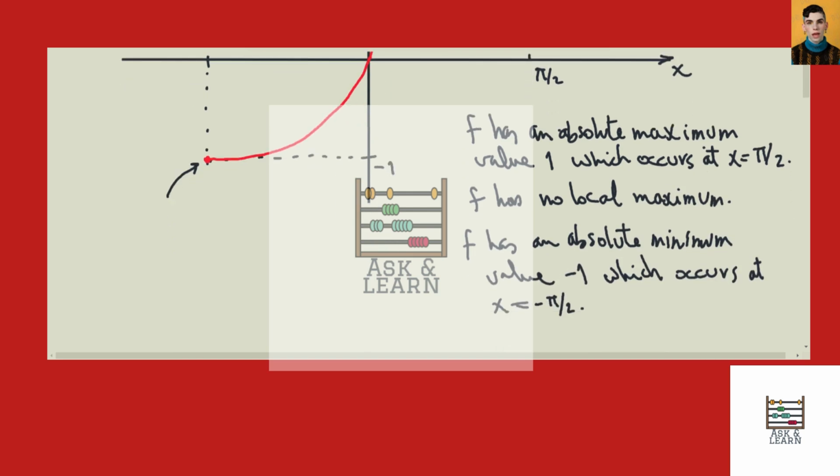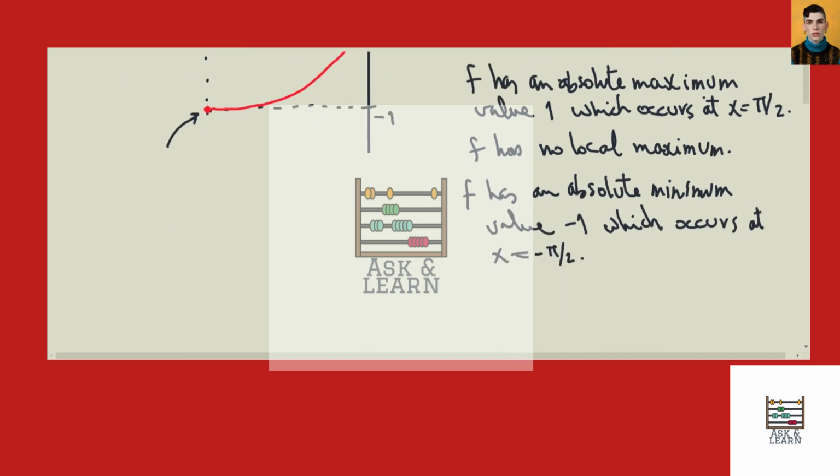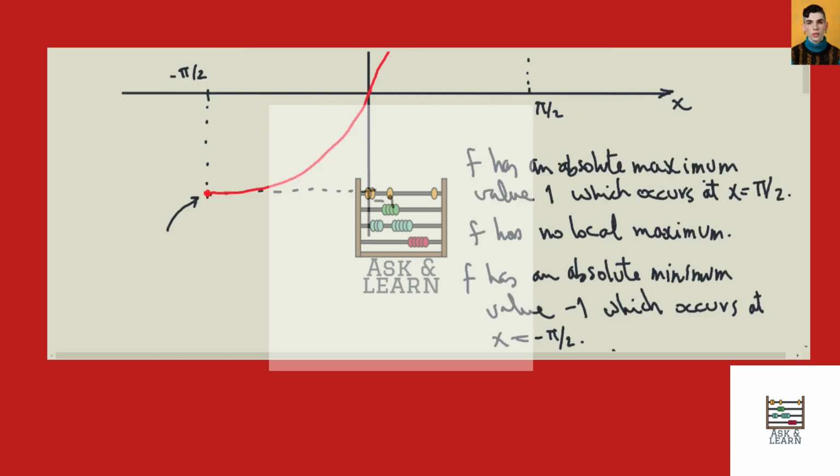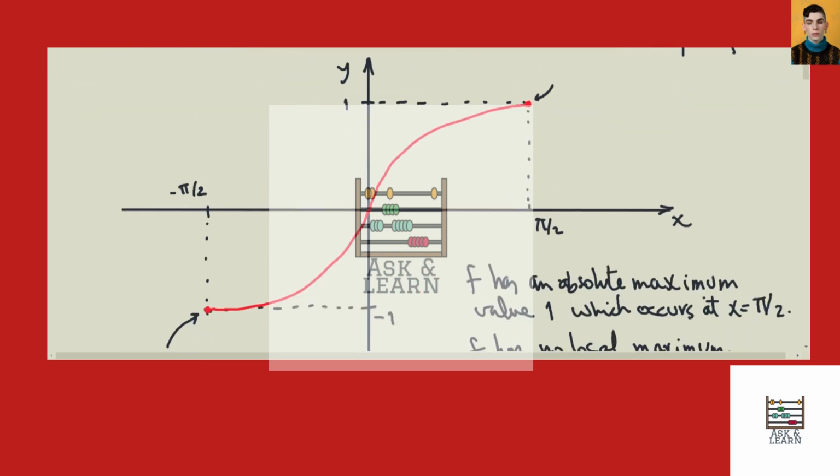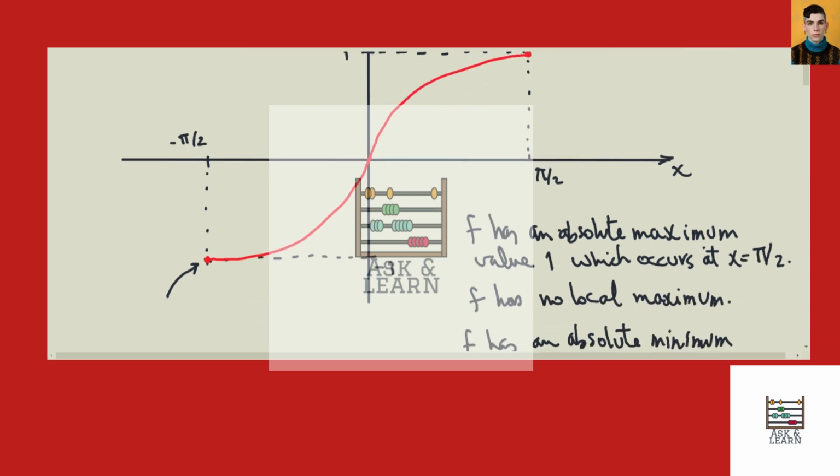So this lowest point exists in this function, and f has no local minimum because there is no point inside the domain, inside the interval, not including the endpoints, that has the smallest value near the point.